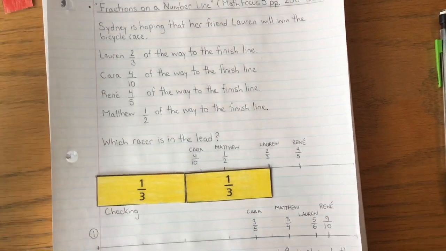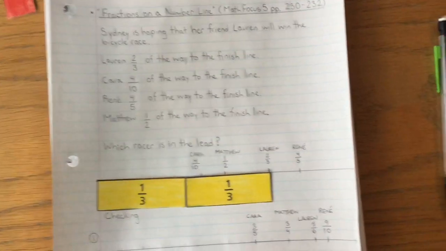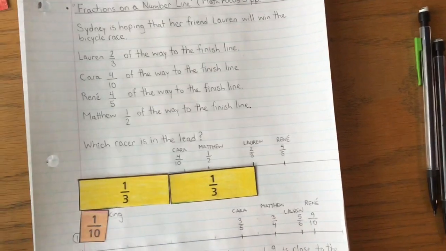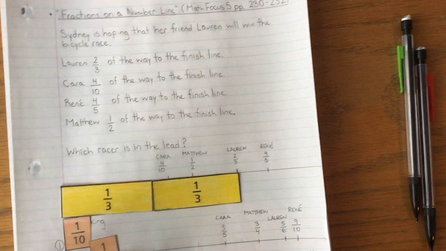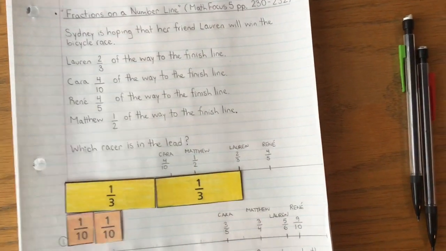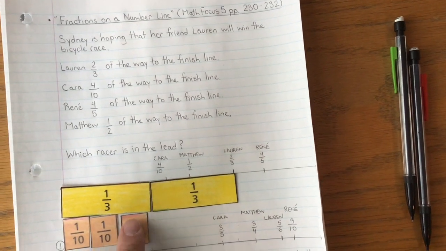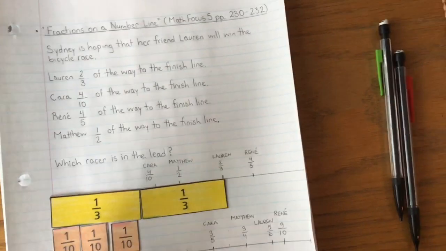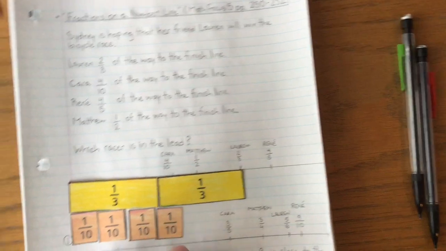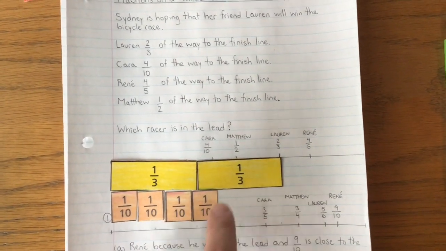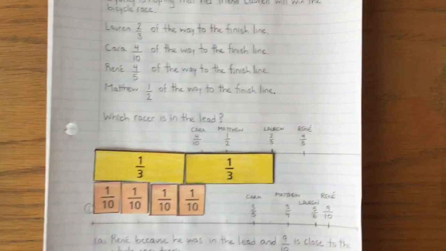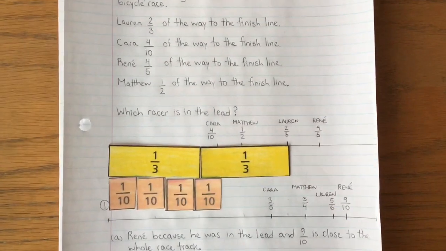So I take my tenths fraction strips and I line them up. So there's 4/10 lined up, and there's Kara lined up with it roughly. Okay, it's not perfect, but gives you an idea that Kara's at the back of this race.